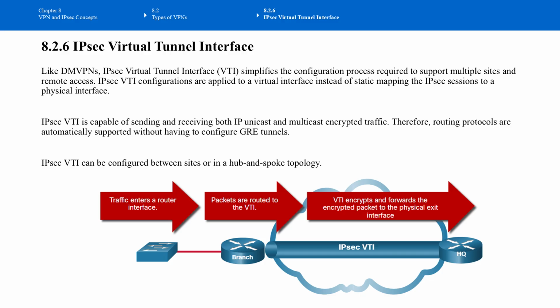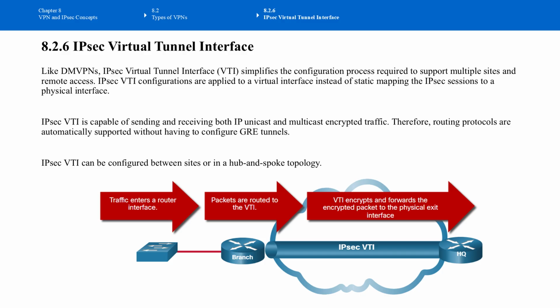IPsec VTI is capable of sending and receiving both IP unicast and multicast encrypted traffic. Therefore, routing protocols are automatically supported without having to configure GRE tunnels. IPsec VTI can be configured between sites or in a hub-and-spoke topology.